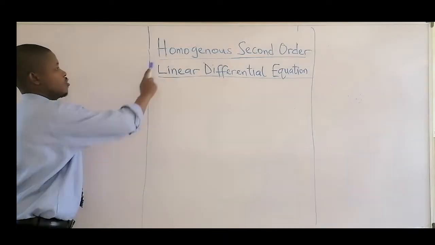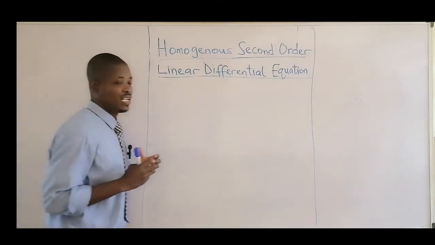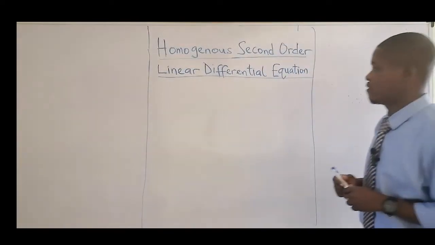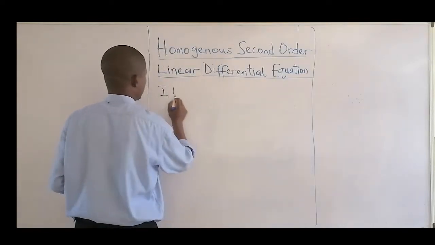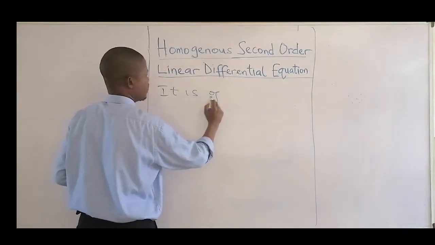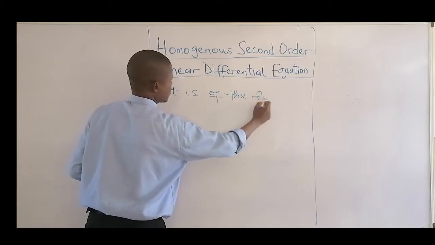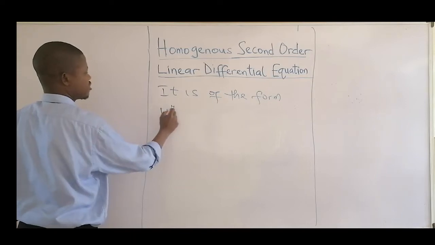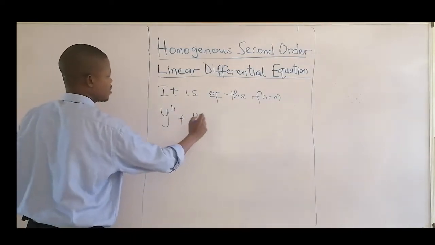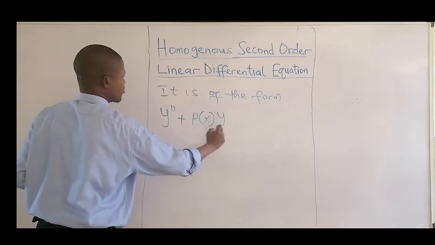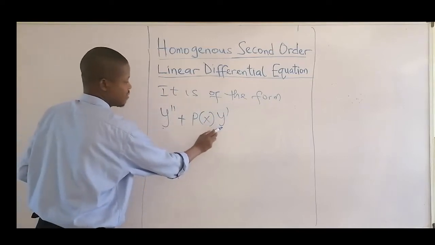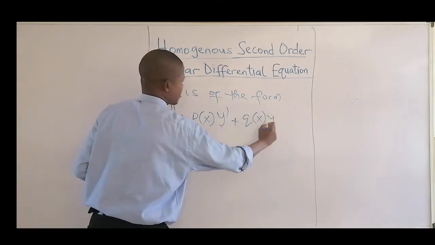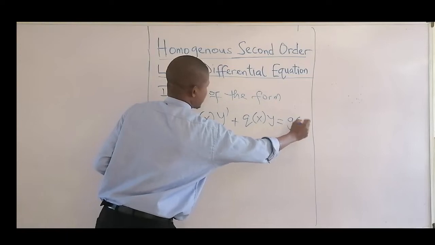Yeah, we are looking at the homogeneous second order linear differential equation, and it is of the form: second differential plus p of x times y prime, that is the first differential, then plus q of x times y equal to g of x.